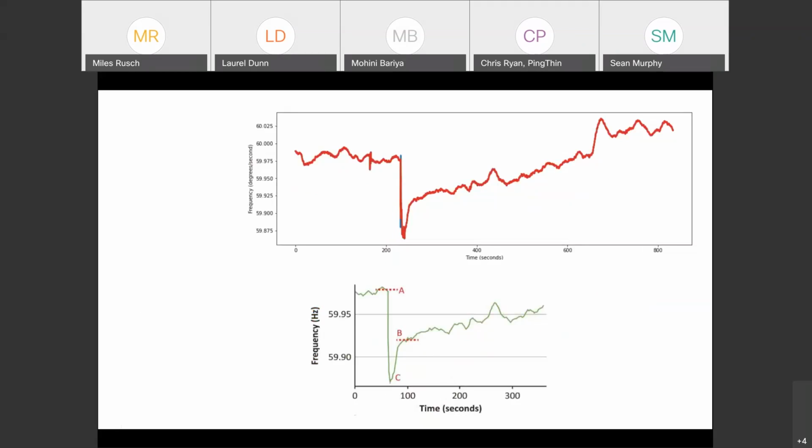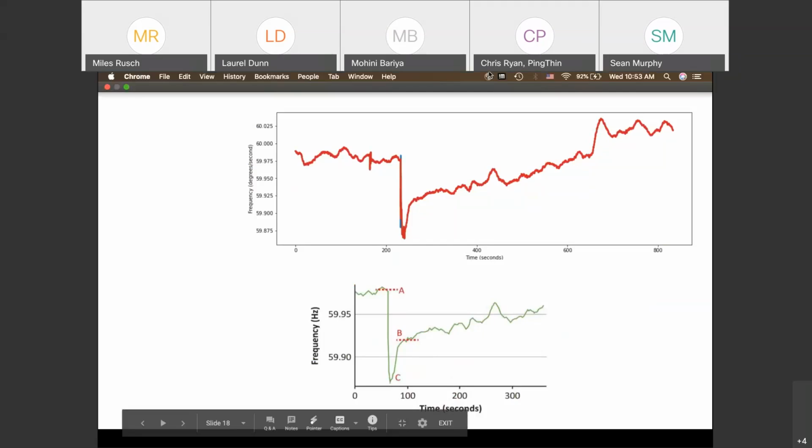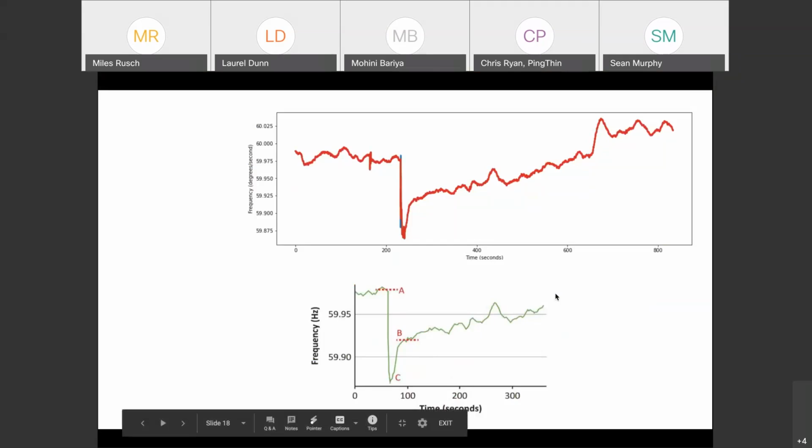So I think this is a very exciting case study that shows that this data is real, and that it illustrates that frequency is largely a global variable across the grid.